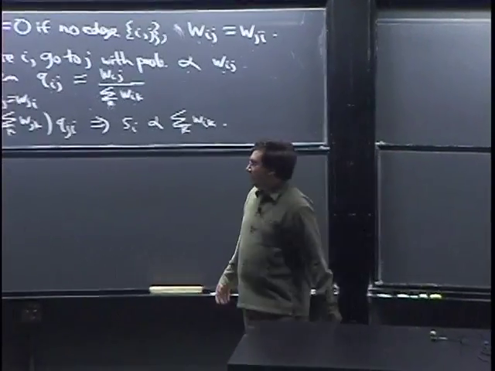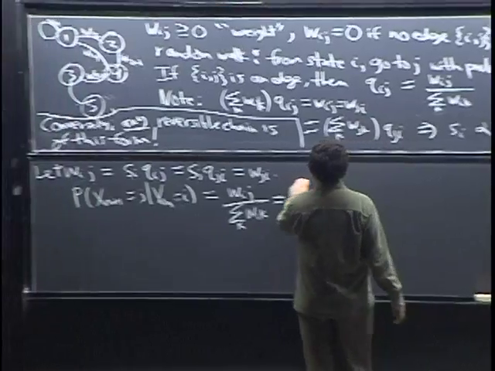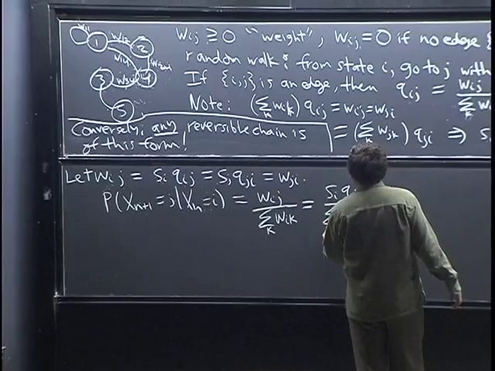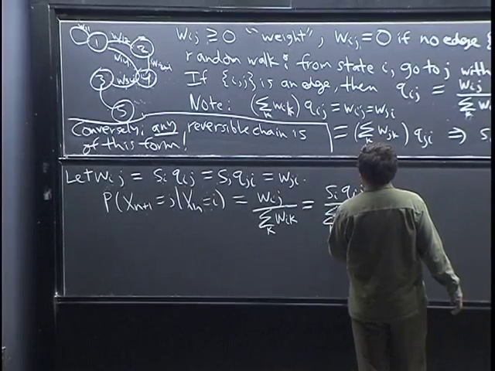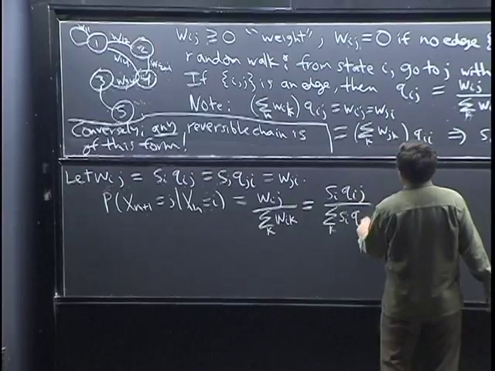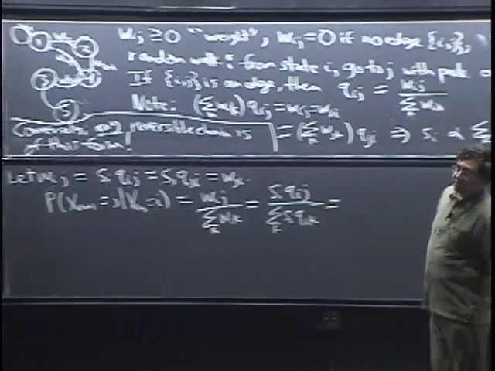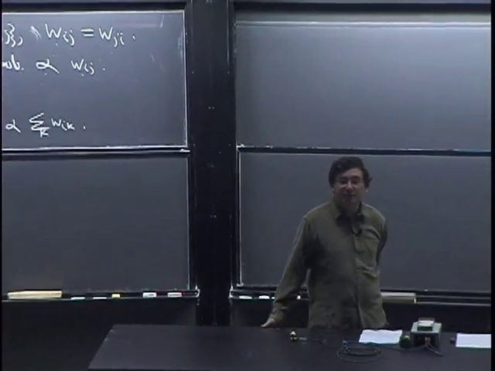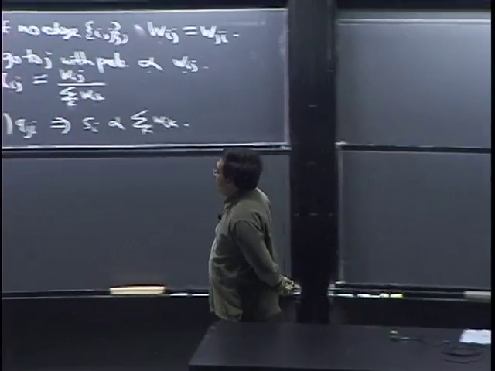Now, if we plug in, Wij is Si Qij, and we divide by the sum of Si Qik. I'm just plugging in how we defined the weights. Now let's just simplify this.